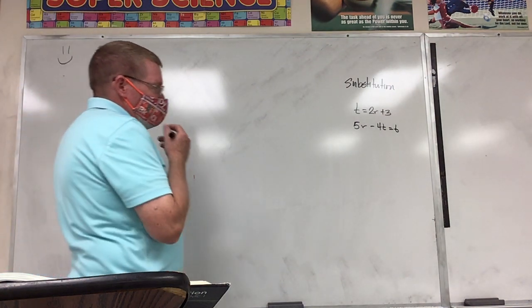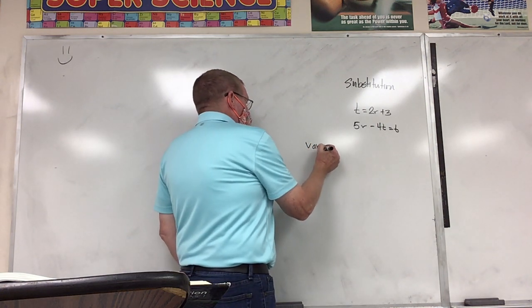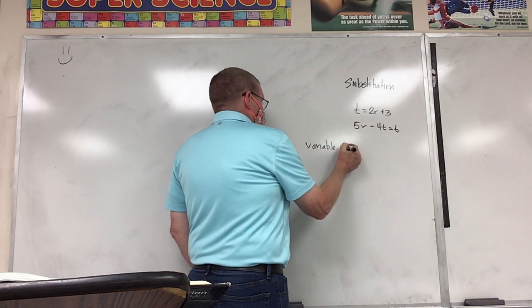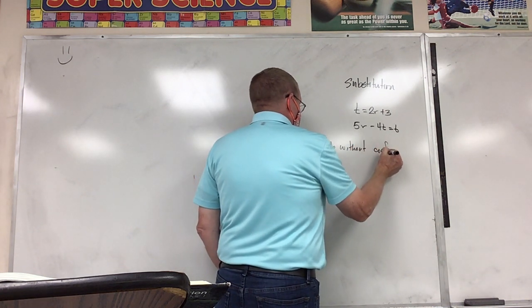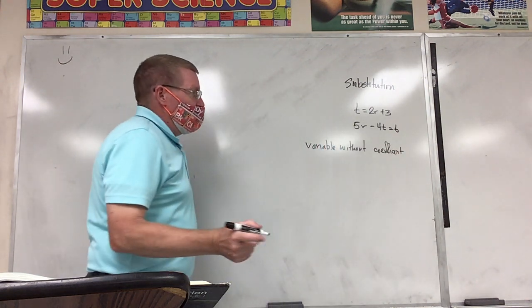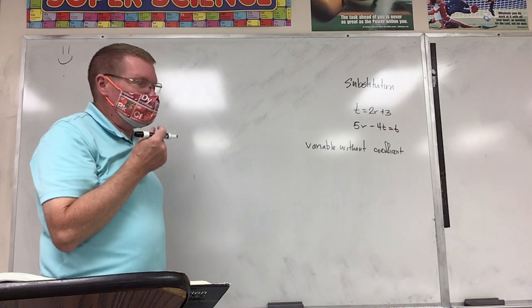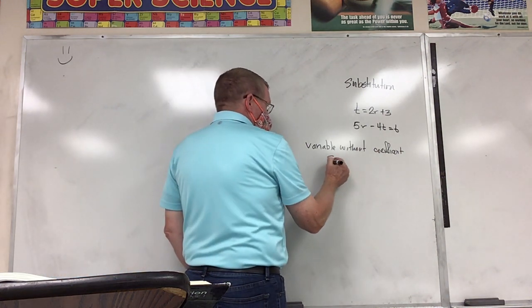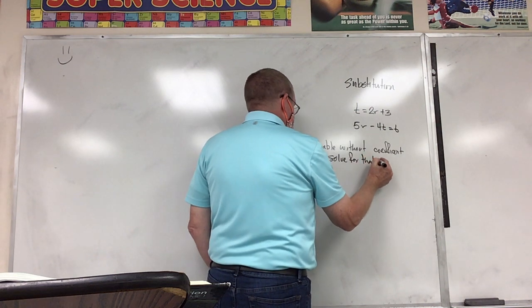Okay, so substitution. I am looking for a variable without a coefficient. When I look at that, I see t here does not have a coefficient with it, so that's the one I'm going to solve for.